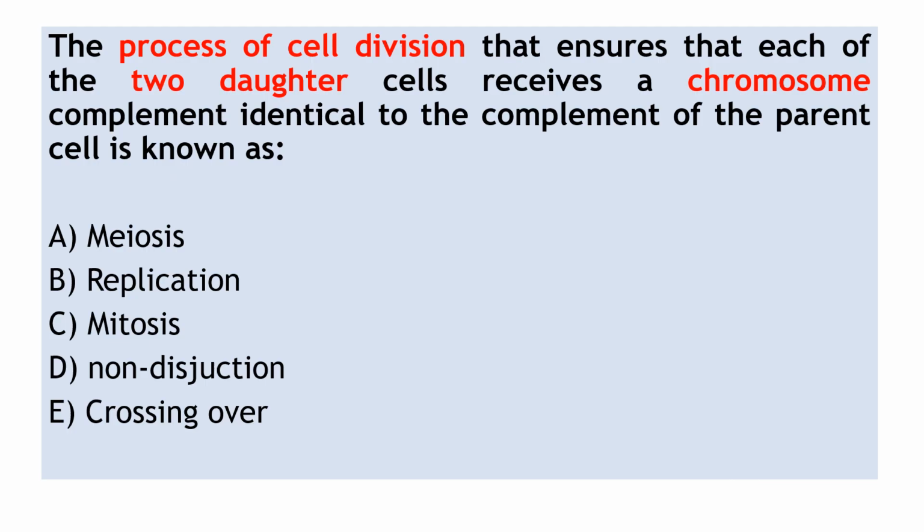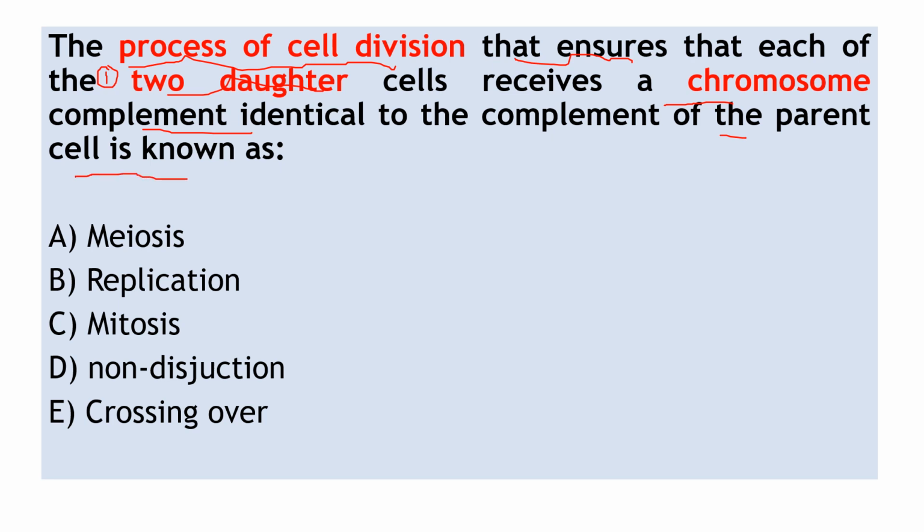Again, a pretty easy question. Let's read it together. The process of cell division that ensures that each of the 2 daughter cells receive a chromosome complement that is identical to the complement of the parent cell is known as.